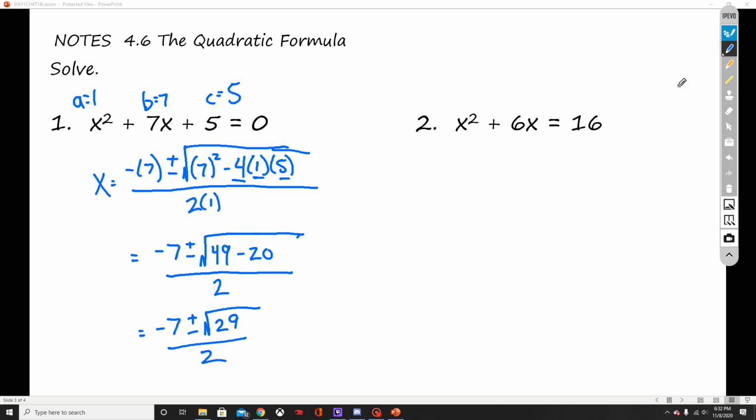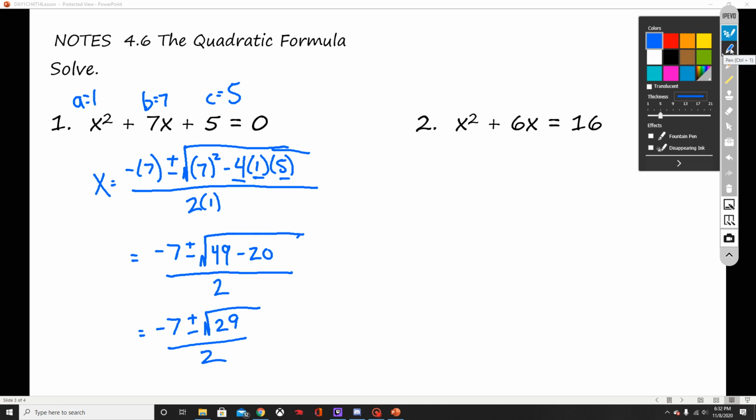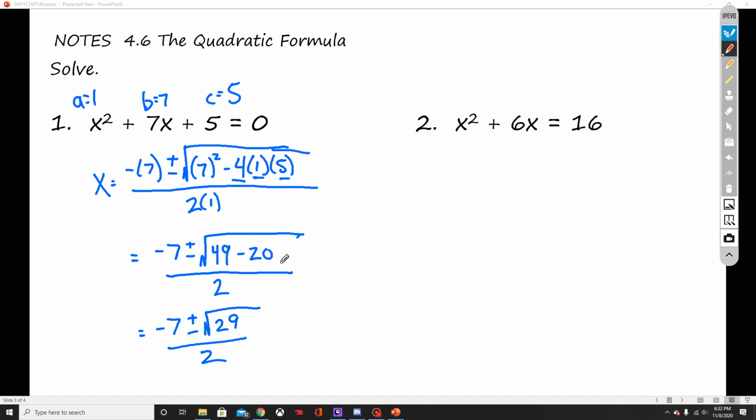At this point, this can't really be simplified anymore. This would be acceptable, you have a choice here. You can leave it like this or you can simplify it a little bit more. In some problems, you will have to go a little bit further than this, so I'm going to go ahead and do that in this problem. The one step further you're going to have to take is to distribute the division to each of these.